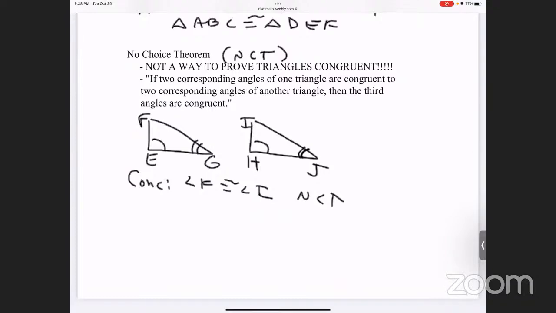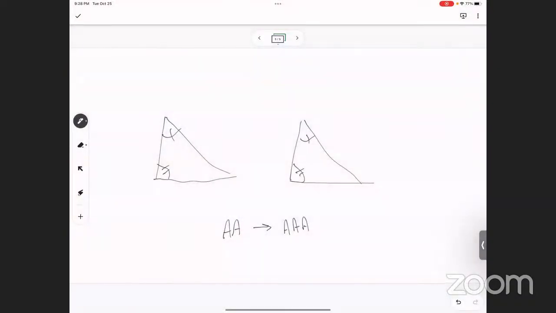Okay. Because angle does not make them congruent necessarily. Right? Does that make sense? Yeah. You need to have a side because one of them could be smaller. They're similar triangles, but they're not congruent.